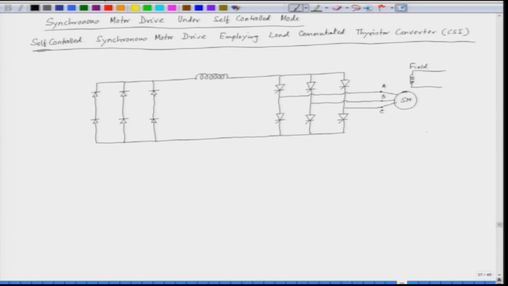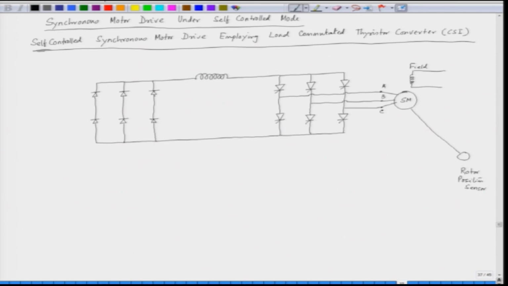Now, the synchronous motor is connected to a rotor position sensor, which will give us the position as well as the frequency of the rotor.